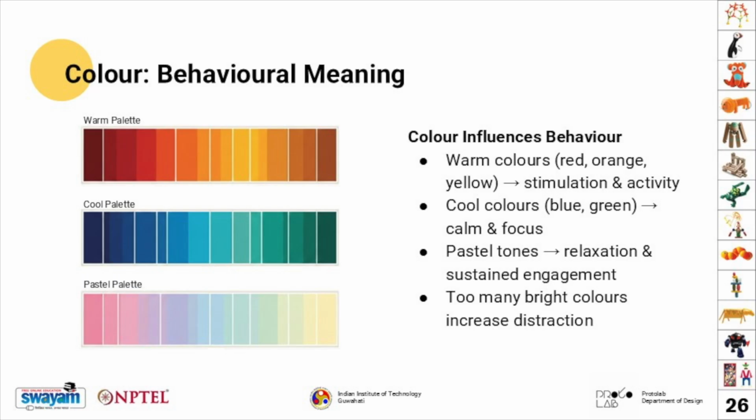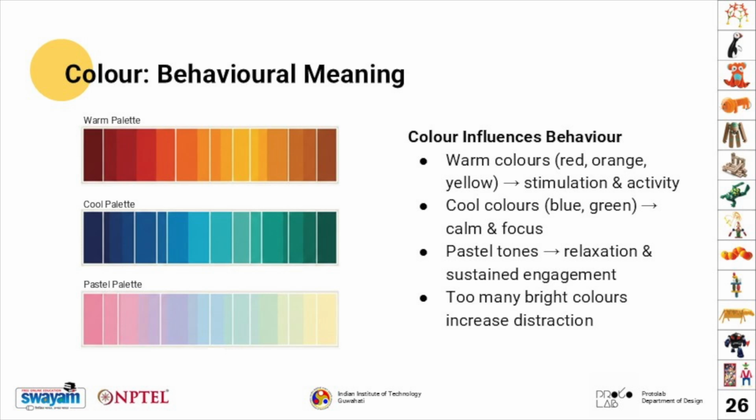Research shows children between 3 and 6 strongly prefer bright, high contrast colors and simple solid color areas. These colors are processed faster and attract attention more reliably. Complex color combinations slow interpretation.